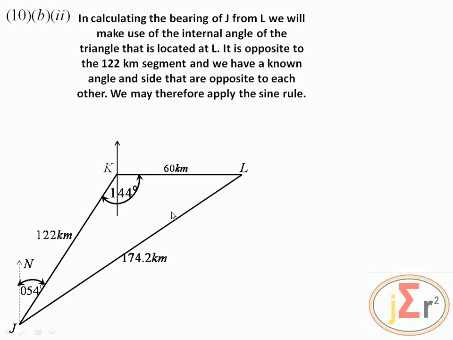Therefore, we need to use the triangle and find the size of the internal angle that is located at L. That is how we may be able to find any other angle that may be located at L. We have to use the one that is within the triangle at L in order that we may find the size of any other angle that may be located at L. And we are making use of the cosine rule.